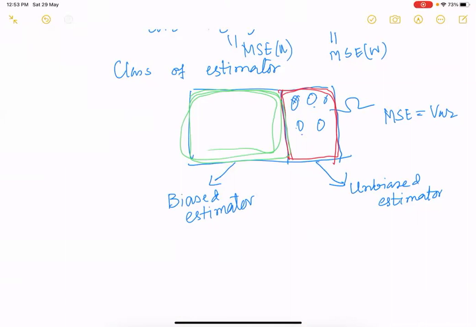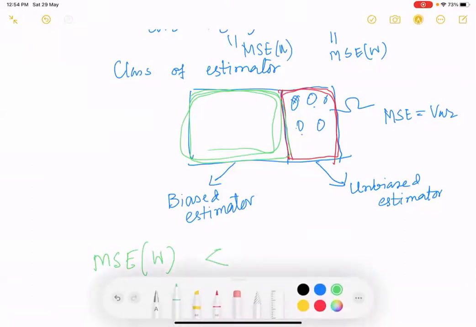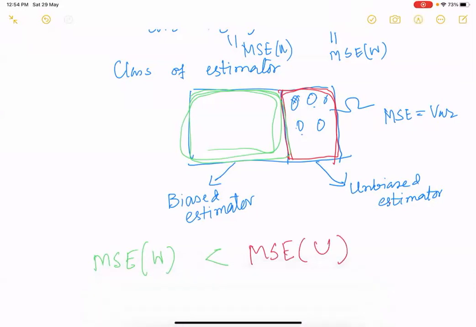But at the end of the day, if I can find an estimator which may have a little bit of bias, but whose MSE is less than the MSE of an unbiased estimator, I'm already one step ahead.